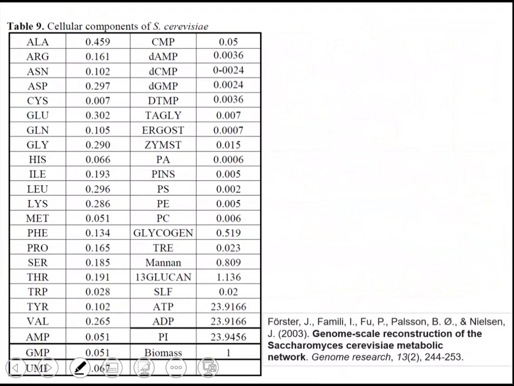Here you see a table from this paper. This paper is the first genome-scale metabolic network representation of Saccharomyces cerevisiae. And here you see how they made a biomass reaction. So here you see amino acids.